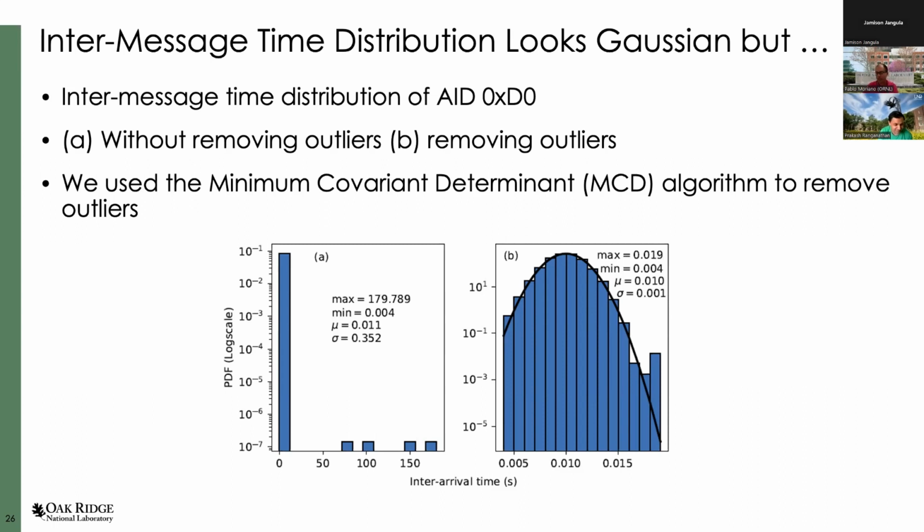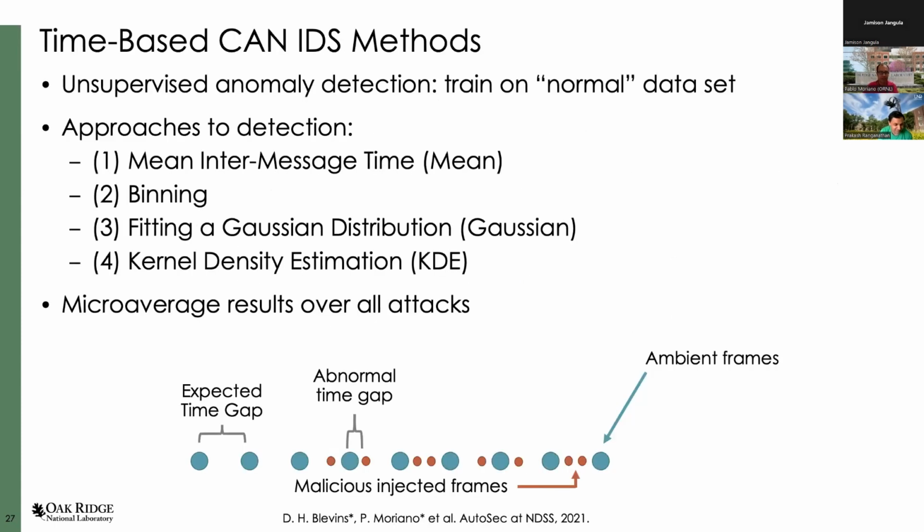As you can see, it is pretty spread across the time domain. But just by removing some of those outliers using minimum covariance determinant, we're able to show the figure on the right, showing that this inter-arrival time distribution can be characterized by some mathematical function. So that's our intuition of how we can detect these attacks.